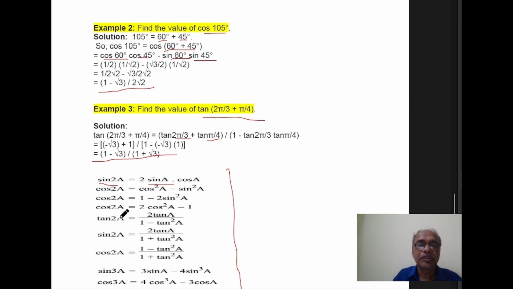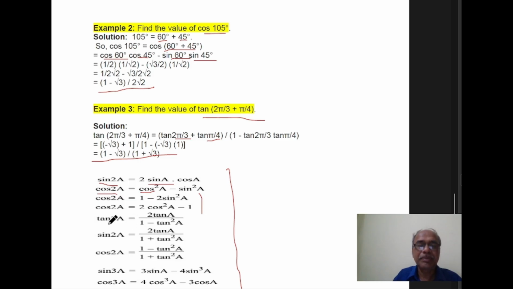Similarly, cos 2a equals cos square a minus sin square a. Another is that if we put sin square a equals 1 minus cos square a, or cos square a equals 1 minus sin square a, we get two other formulas.